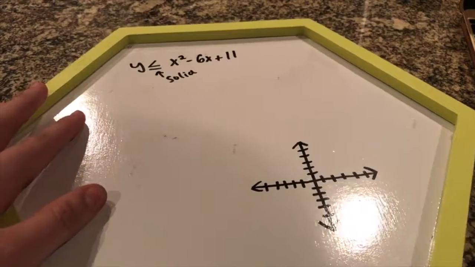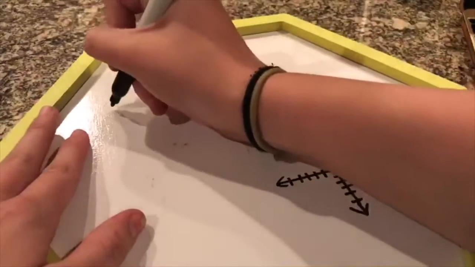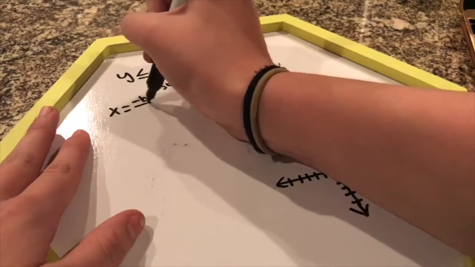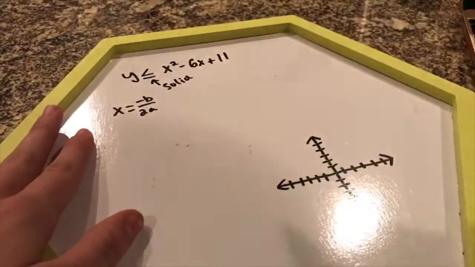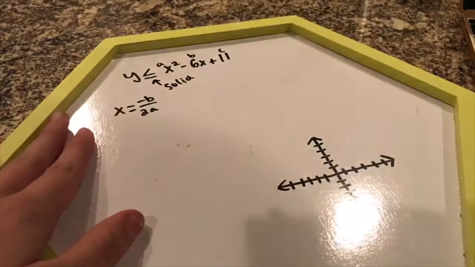Next you're going to want to find your vertex. For x, you're going to use the formula x equals negative b over 2a. So you have a, b, and c up here.